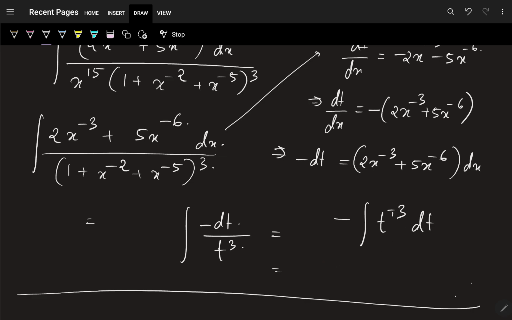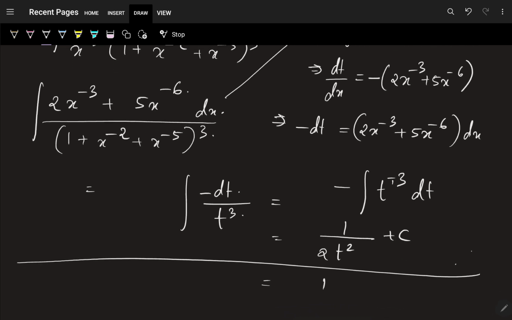So this becomes t to the power minus 2 by minus 2, so 1 by 2 t square plus c. Just plug the value of t back in: 1 by 2 times (1 plus x to the minus 2 plus x to the power minus 5) square plus c. Yeah, sorry. So just correct this one, okay? Yeah, moving on.